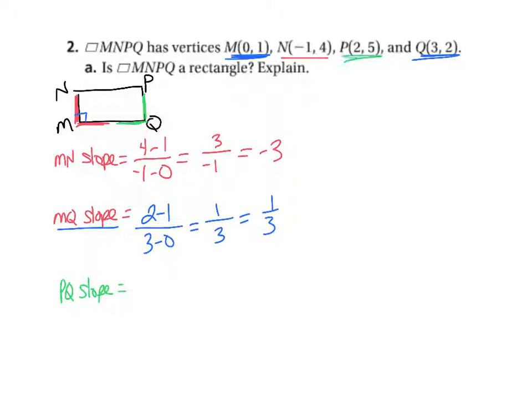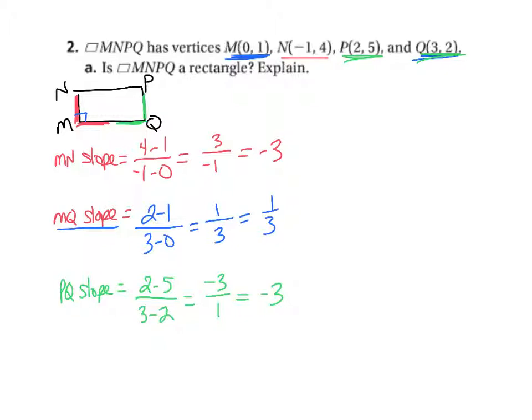Okay, P and Q. Y minus y. 2 minus 5. Remember, it doesn't really matter which one you start with as long as you're consistent on your y's and your x's. So I did Q minus P. So I got to do Q minus P again. And here I end up with a negative 3 over a positive 1. That's a negative 3 slope. I like it. That's what I needed.